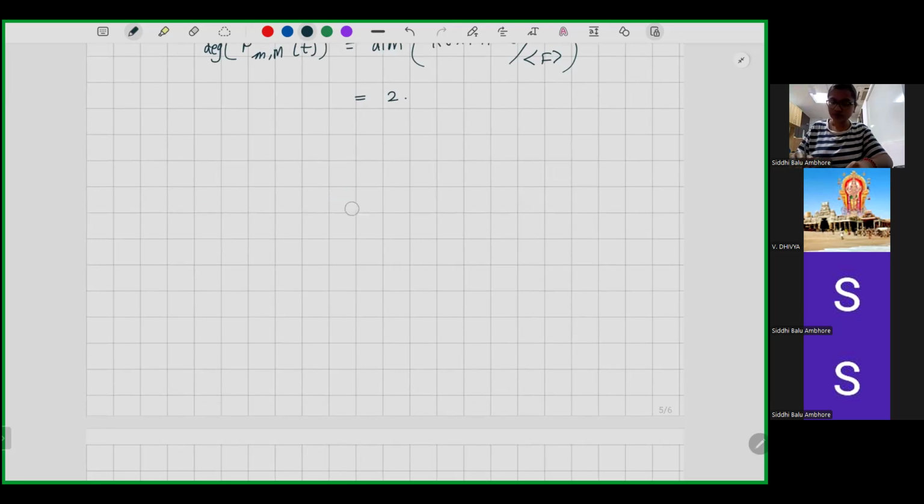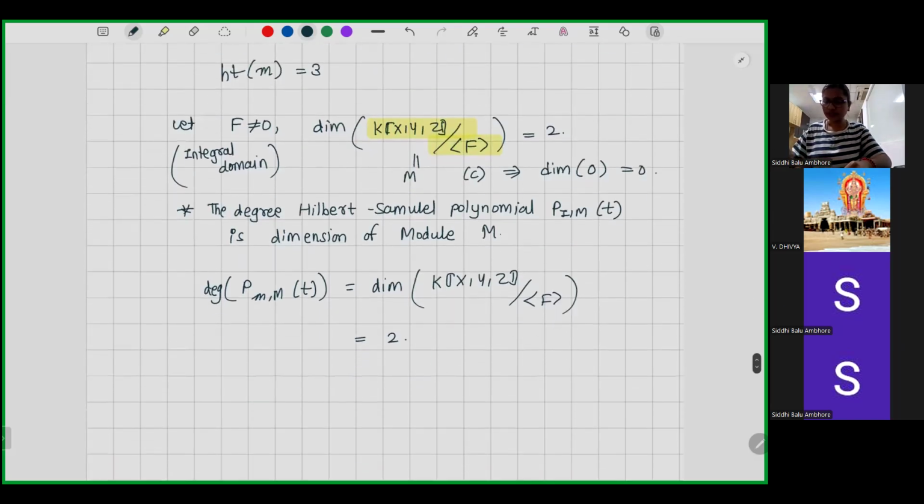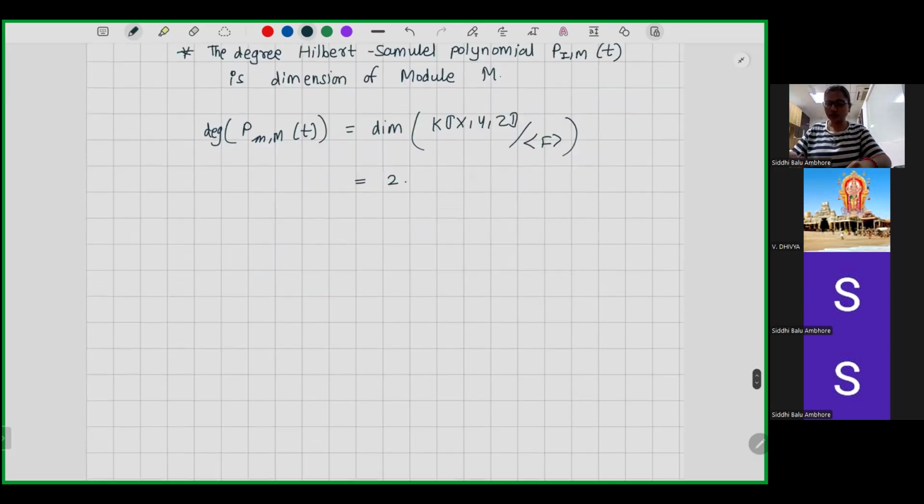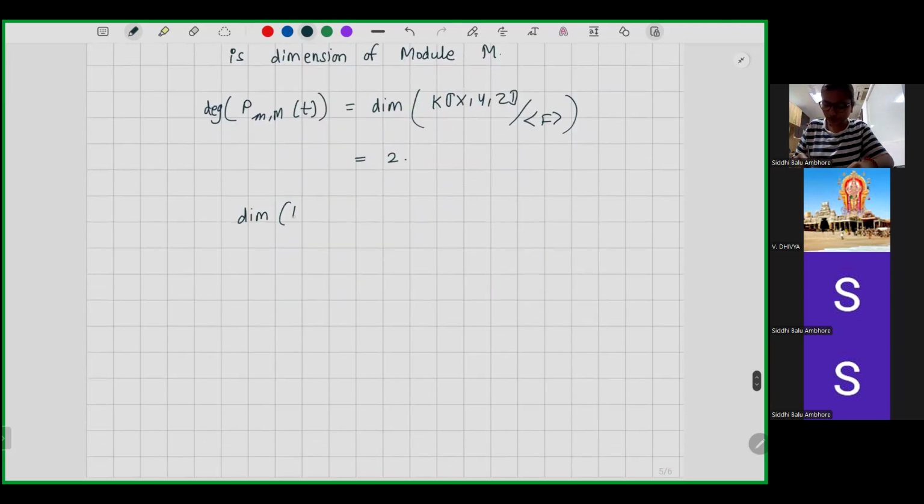So f is not equal to 0. Note that the dimension of k, x, y, z is 3, and we are quotienting it with some non-zero element, right? So that non-zero element will be contained in some prime ideal.